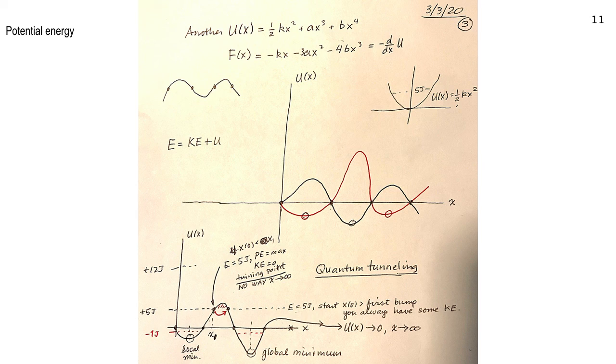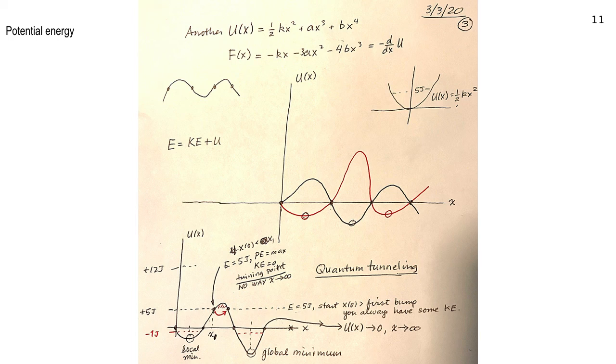Over here, if there's a turning point, there's no way that x can go to infinity. You're trapped. So unless you have enough energy, you're trapped in that potential. Now, if you have, like up here, plus 12 joules, you're not trapped. You have kinetic energy everywhere. But if you have 5 joules and you start over here, you're not going to get past this turning point.